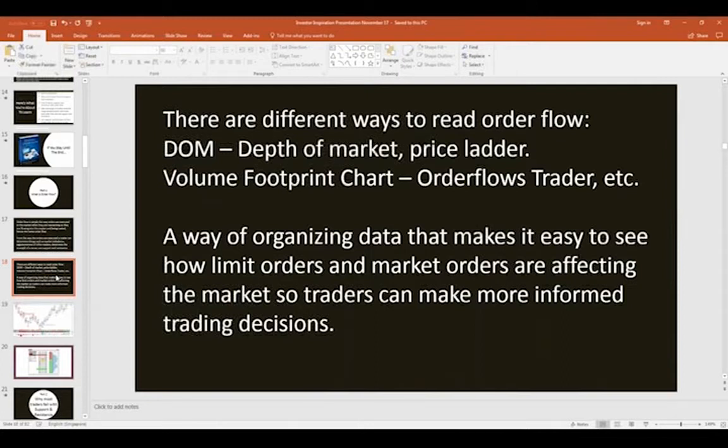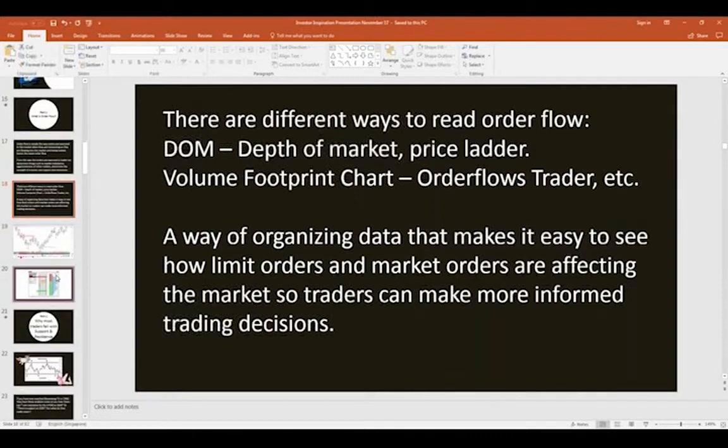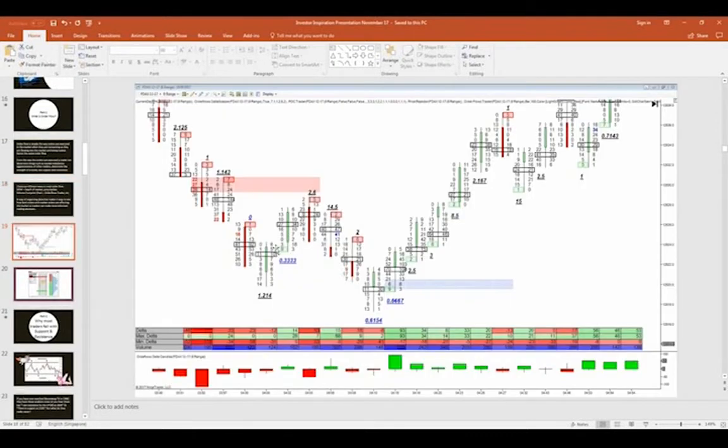My order flow trader software is one. There's other ones, Market Delta, and other footprint charts out there on the market. And really all it is is a way of organizing data that makes it easy to see how limit orders and market orders are affecting the market, so traders can make a more informed trading decision. Again, that's just a brief summary of what is order flow.